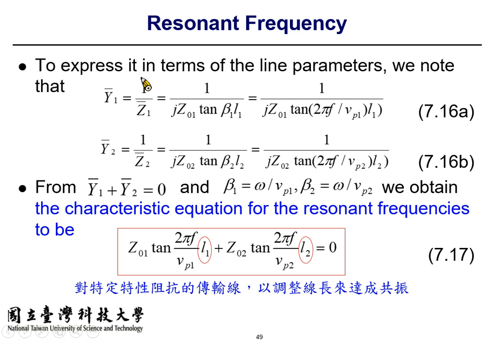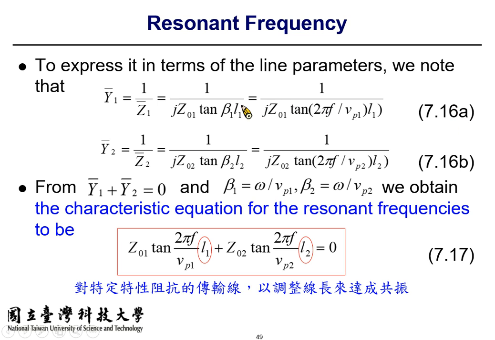Here is the expression of Y1 and Y2, which can be written in terms of Z1 and Z2. We know Z1 equals j times Z01 times tangent of beta1 L1. So you simply substitute this relationship to get equation 7.16a.